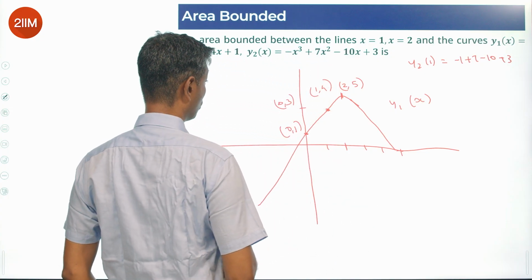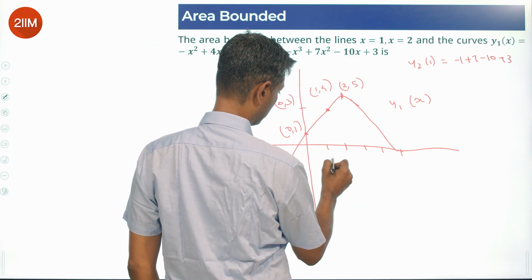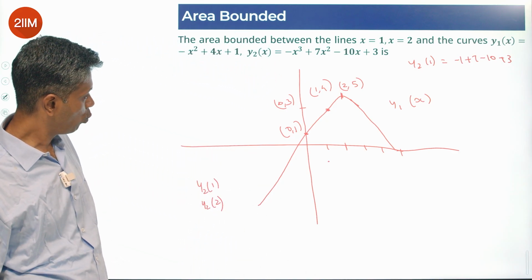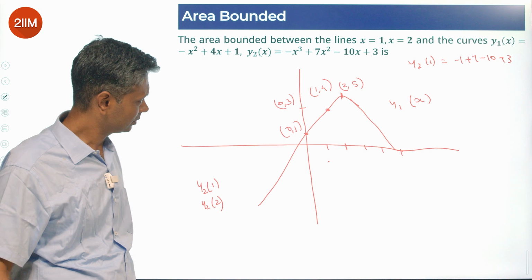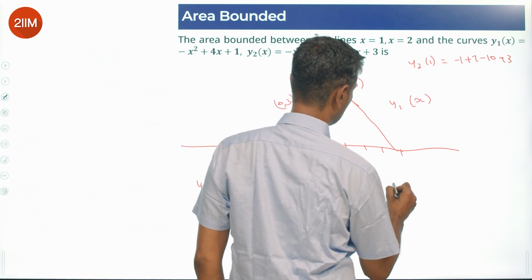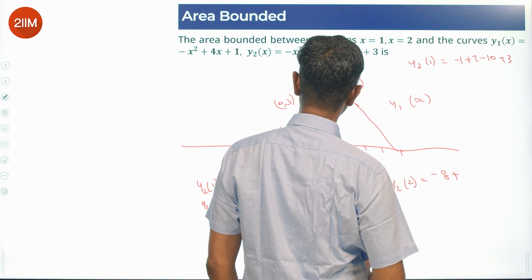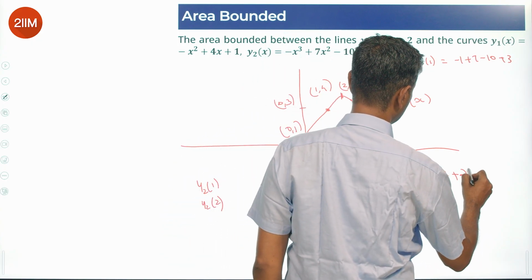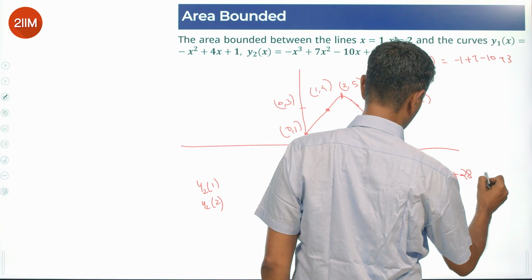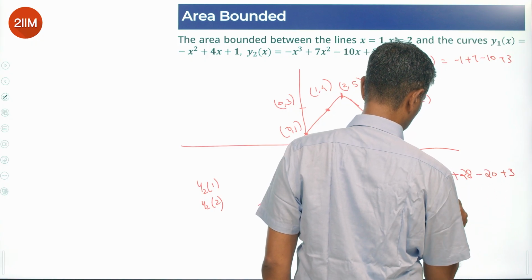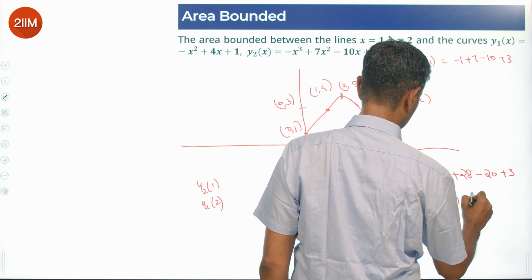So y2 is here, at 1 comma minus 1. Nice. What is y2 of 2? Minus 8 plus 7 into 4, 28, minus 10 into 2, 20, plus 3. y2 of 2 is 3.